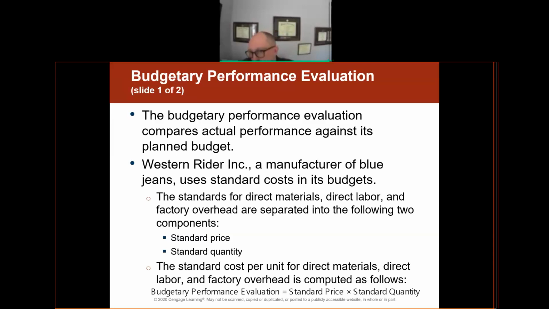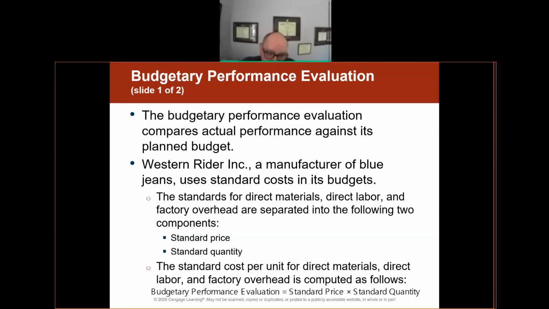That will be my standard quantity. I usually produce 10,000 pairs in 12 months. My standard price for direct materials, direct labor, factory overhead are the average that I've had in the past, so that will be my standard price per pair. We'll talk more about it, but I'm just trying to help you to set the stage.